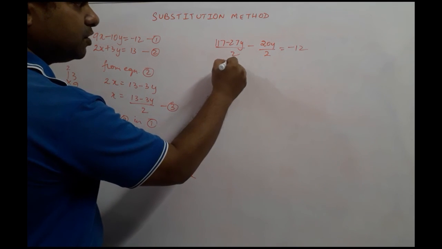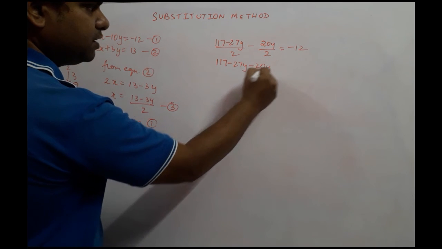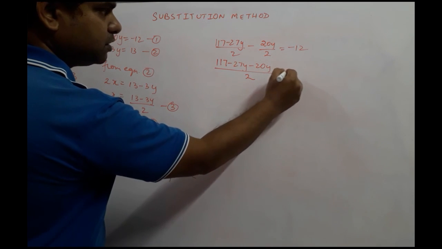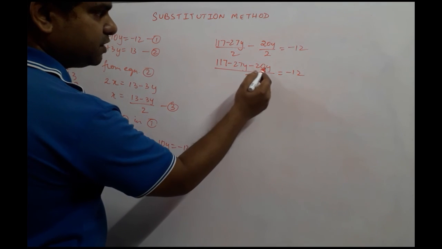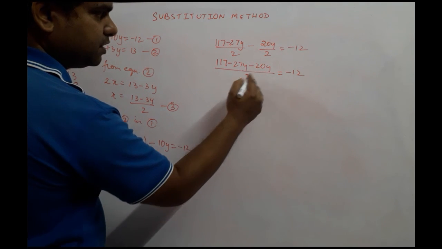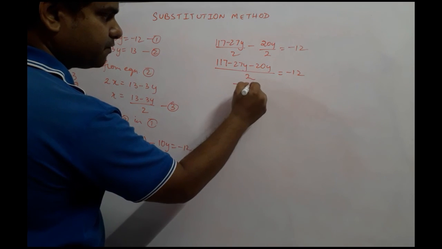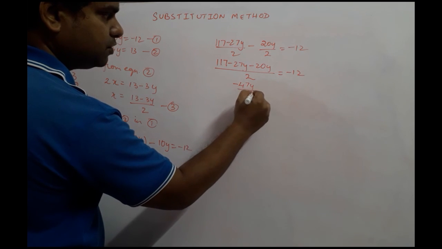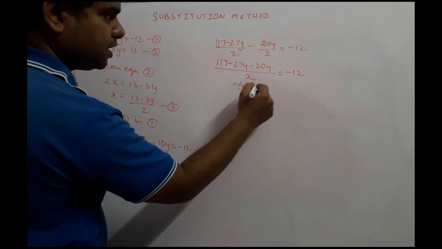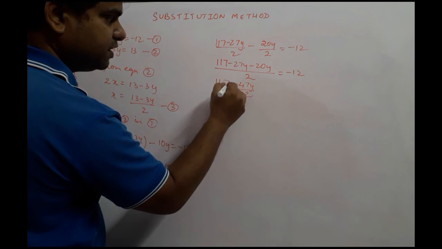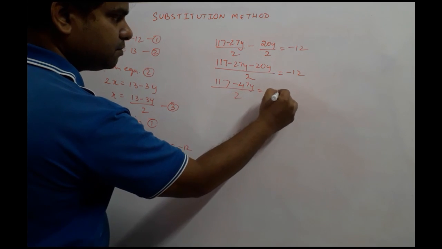Now we can add them all. 117 minus 27y minus 20y, whole thing upon 2 equal to minus 12. Minus 27y and minus 20y gives us minus 47y upon 2, and there will be 117 over here, equal to minus 12.